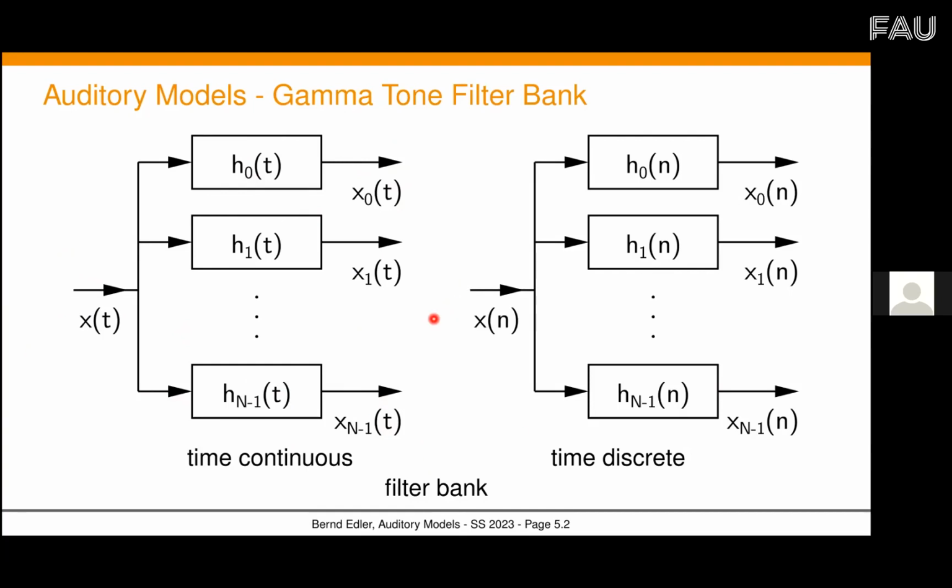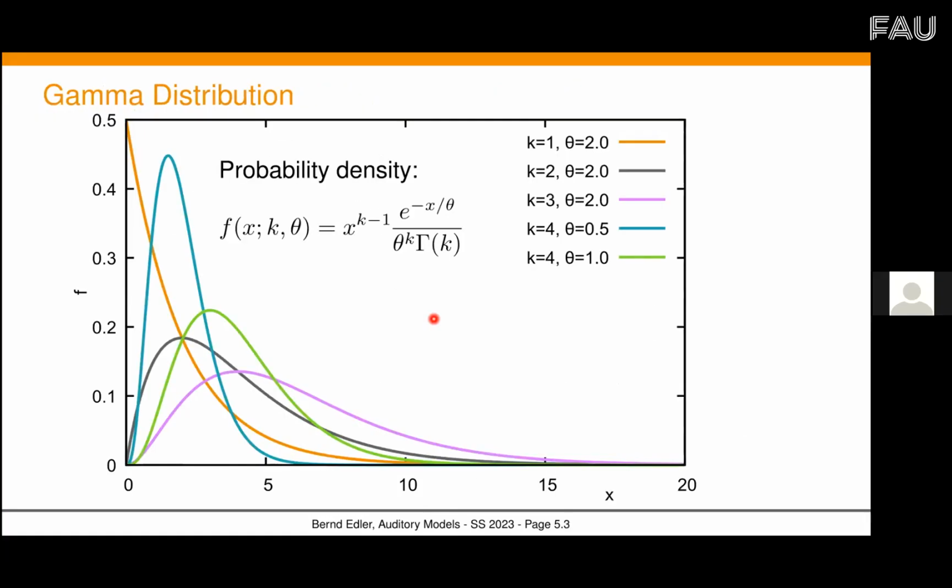Now, coming to the gamma distributions: if there were a probability density of a gamma distribution, you have different parameters. x is the variable, k is kind of an order, meaning you can have gamma distributions of different orders, and then you have the variance.